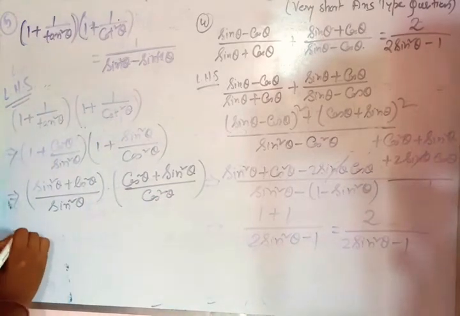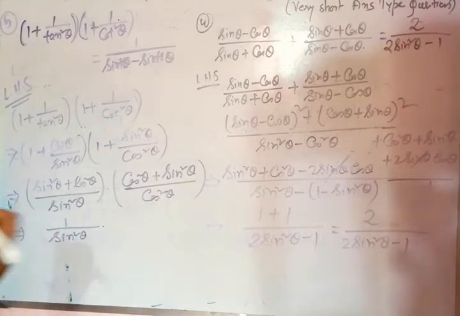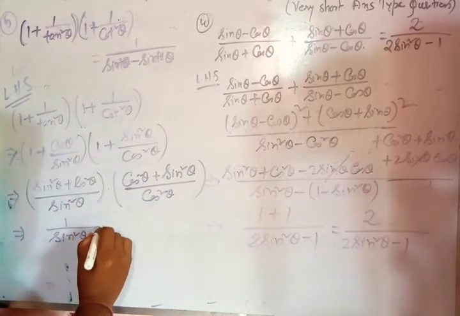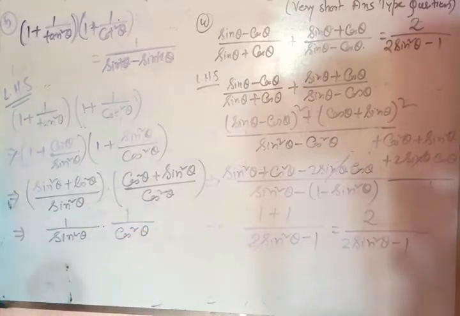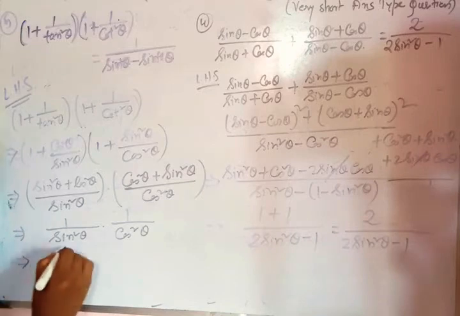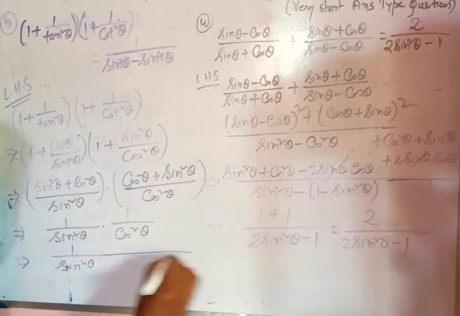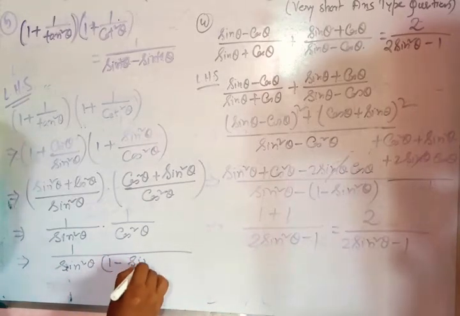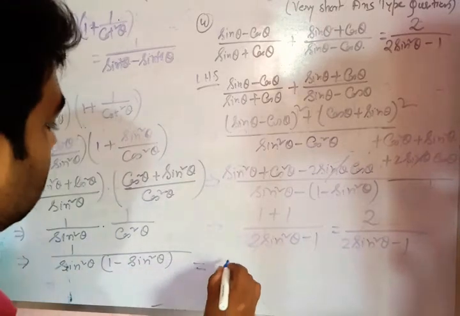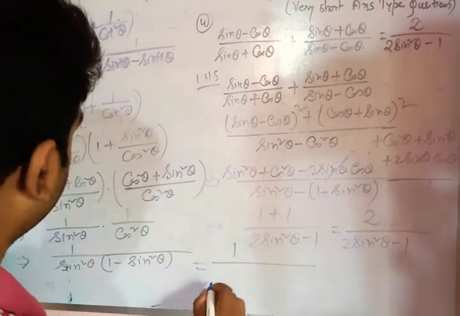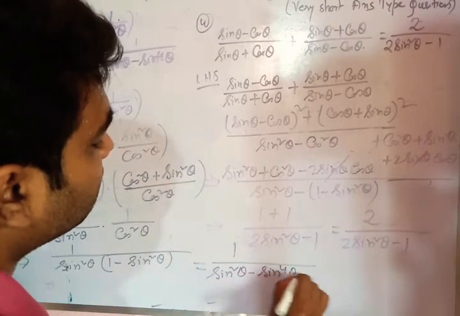Okay, this is 1 by sin square theta into 1 by cos square theta. Now this is 1 by sin square theta, and this can be written as 1 minus sin square theta. So from here we are multiplying, we are getting that this is equal to 1 by sin square theta minus sin to the power 4 theta, proved.